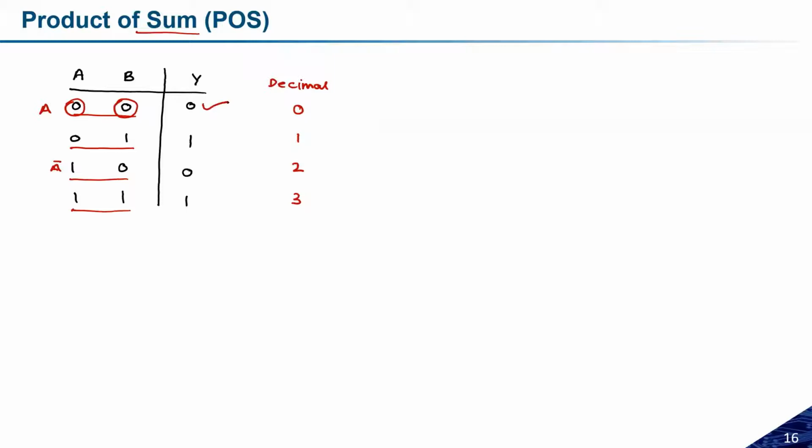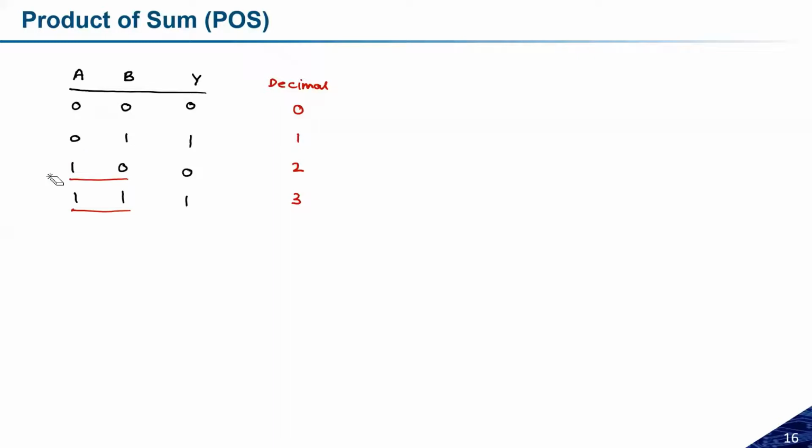Previously, we were considering those min terms where the output was high. Here, I need to consider those outputs where I am getting logically low output. So by considering these two things, let us try to do something.